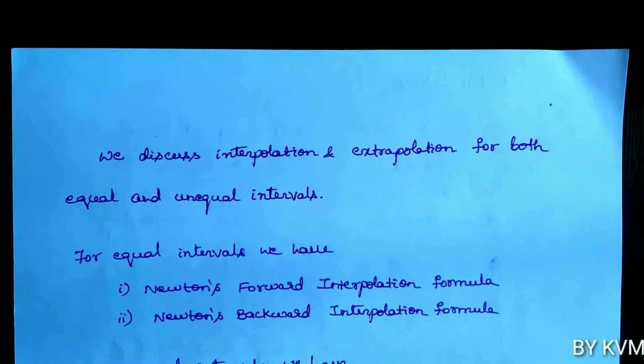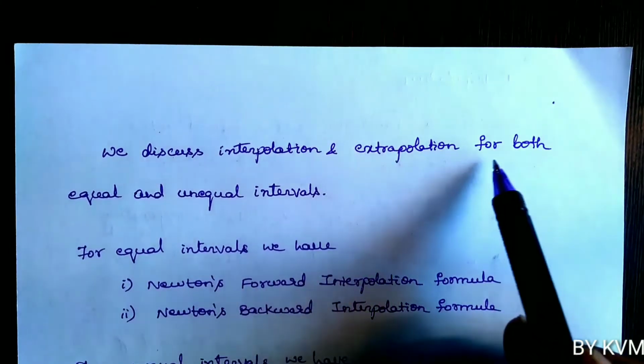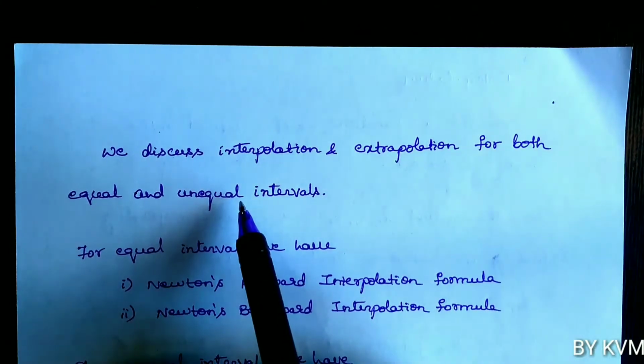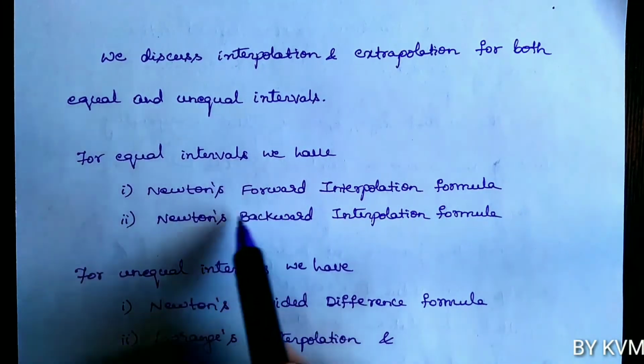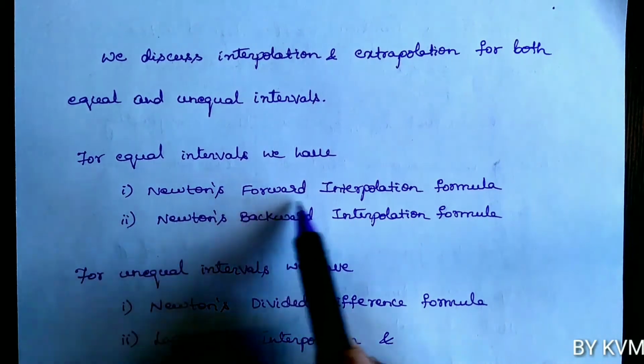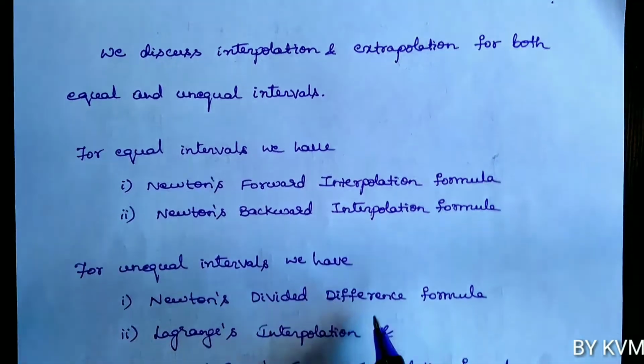So now we discuss interpolation and extrapolation for both equal and unequal intervals. So for equal intervals there are two formulae. One is Newton's forward interpolation formula, second one is Newton's backward interpolation formula.